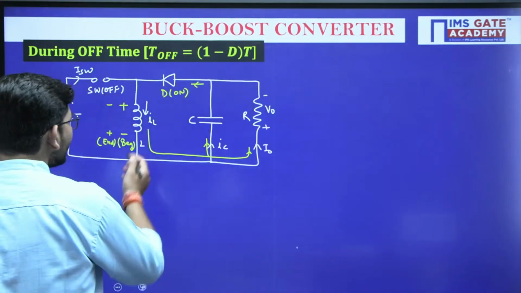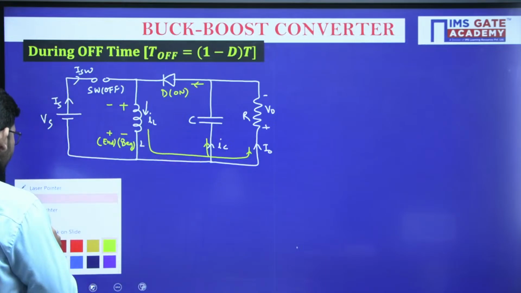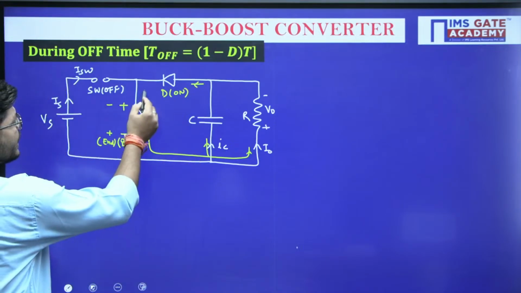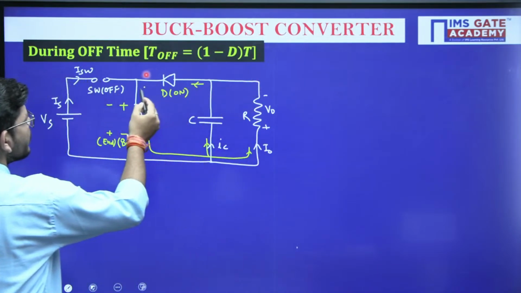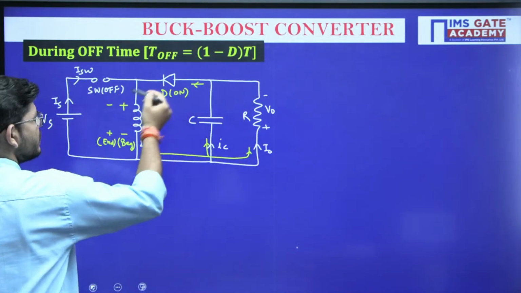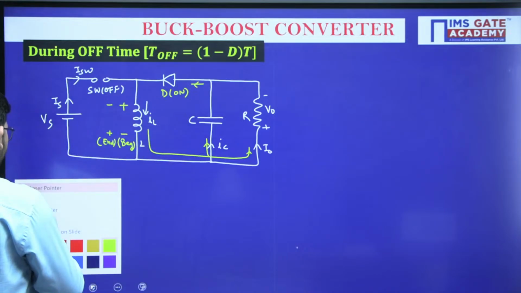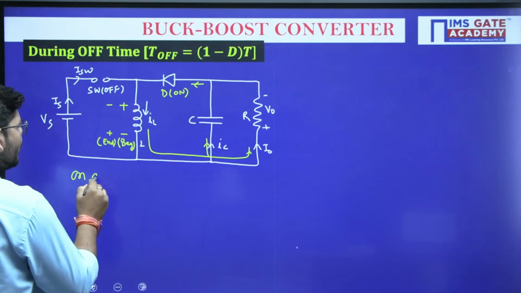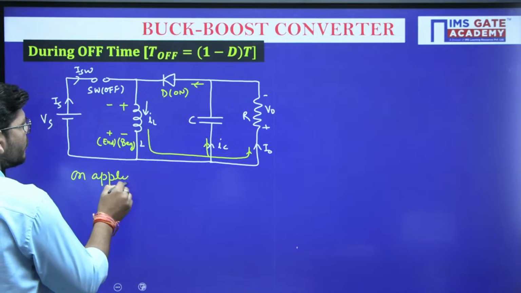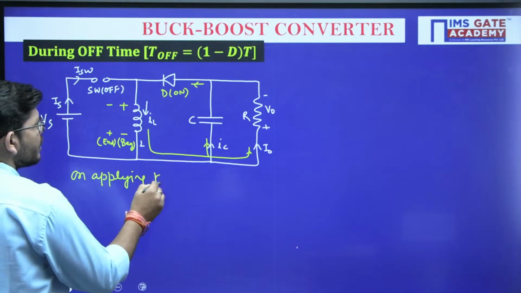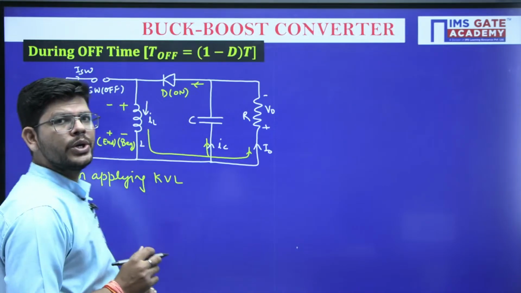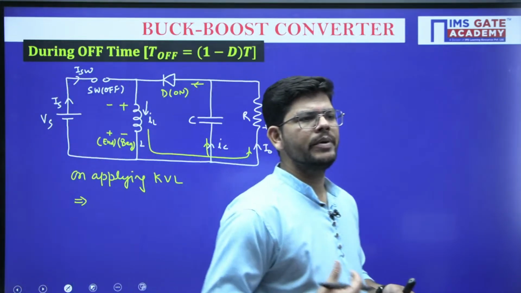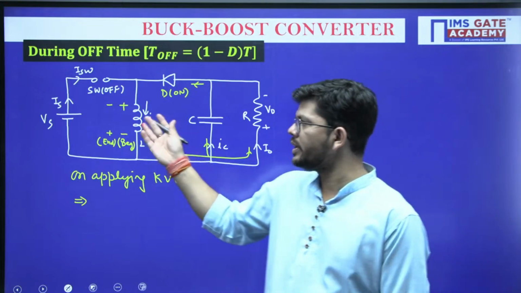Now if we apply KVL in this outer path, just see this path, with the inductor, resistance and diode, what are we going to get? What I have told you in the last lectures as well, and I am repeating the same thing: right now we have two polarities of the inductor.